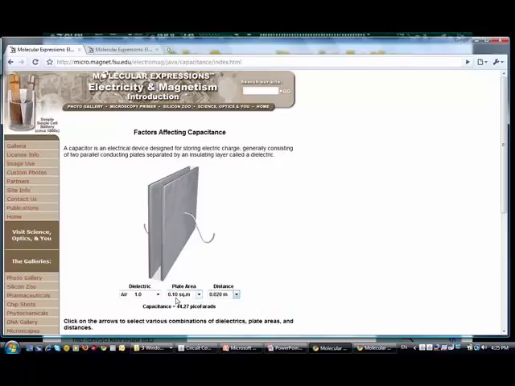For example, if I have 0.1 square meters, I have 44 picofarads, and I have air in between. So if I divide that area by 5, I should get 1/5 of the capacitance. And let's do the reverse. 44 divided by 5 is 8.8 something.